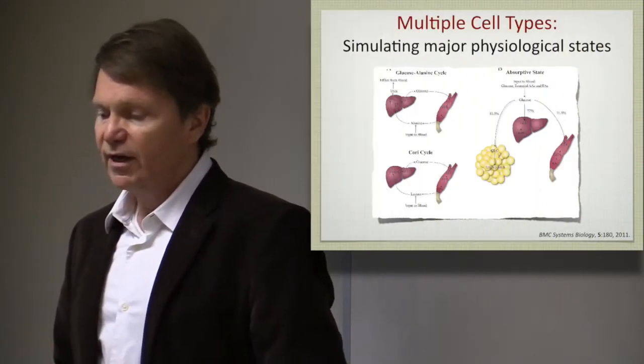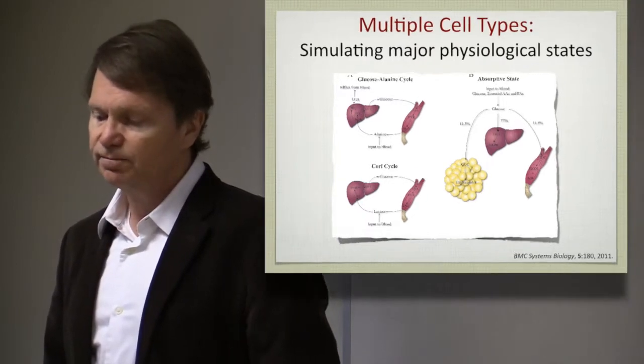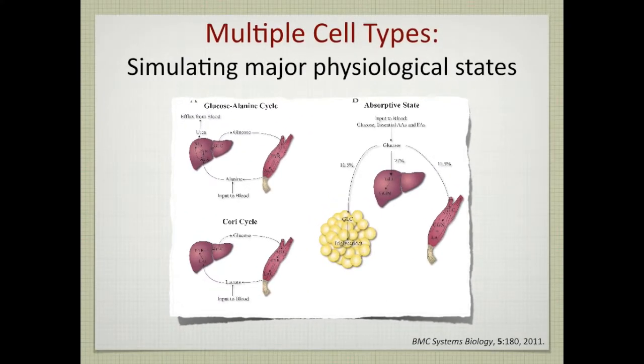A model like this is now able to simulate different states, and there's something called the Cori cycle and the glucose-alanine cycle. These are things that happen in the body that are exchanges between the liver and the muscle, and you can study them with a model like this.